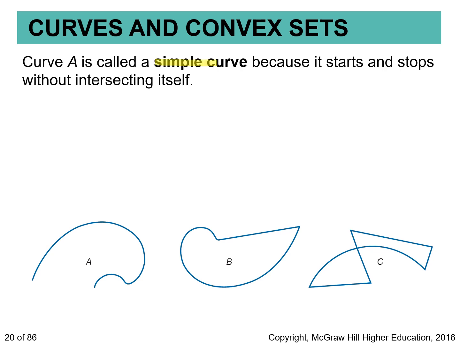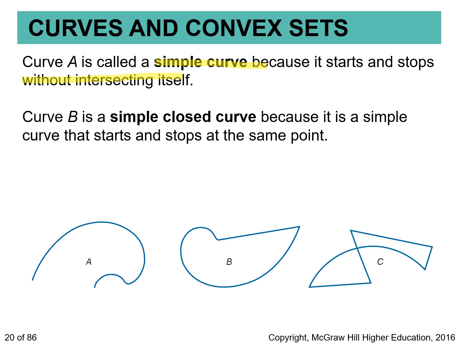So a simple curve would be like letter A, does not intersect itself. A simple closed curve starts and stops at the same point, like letter B, but notice it still doesn't cross itself.